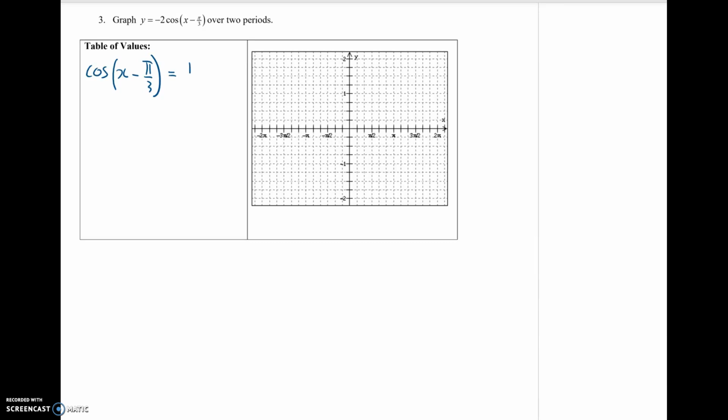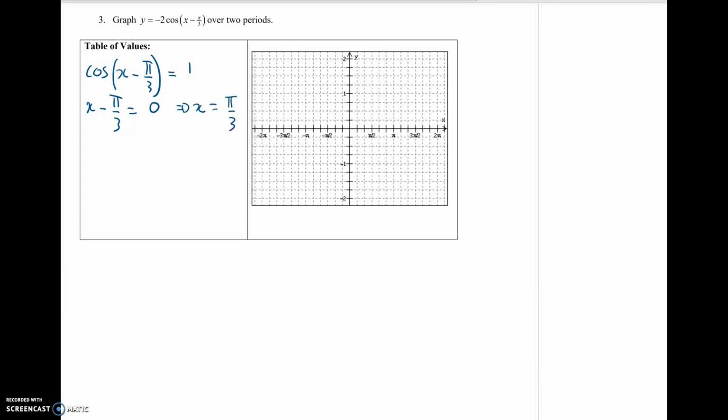So if cosine of (x minus pi over 3) equals 1, that means the angle x minus pi over 3 equals 0. Therefore, we end up with x equal to pi over 3.